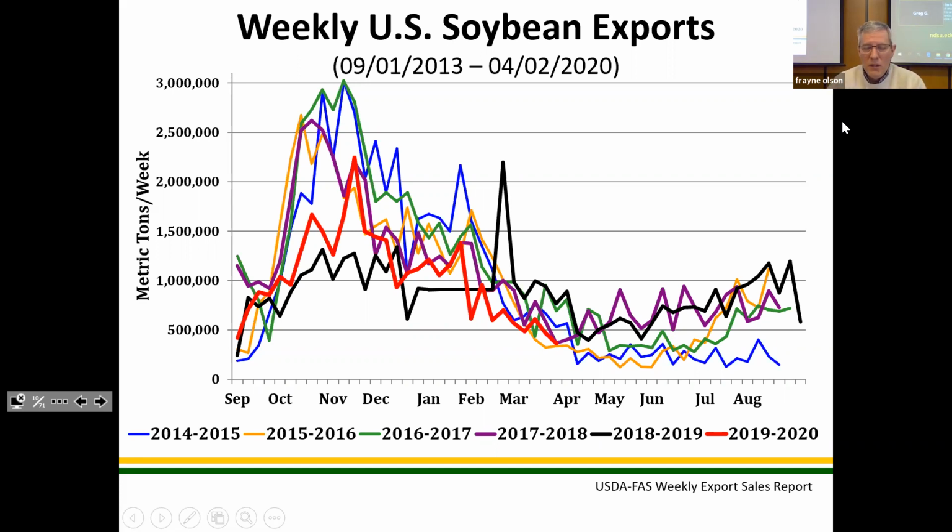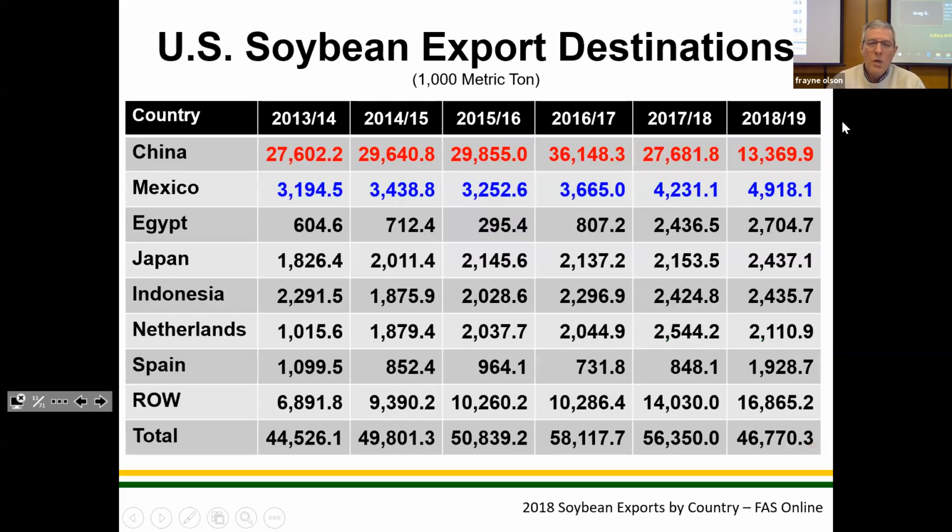You'll notice that this year's seasonal pattern tends to be more normal. Unfortunately, the levels are much lower, and part of that was because of the delay in getting the phase 1 trade agreement with China signed. China did come in and buy some soybeans. I'll show you a chart in just a moment, but they were not nearly as aggressive this year as they typically were.